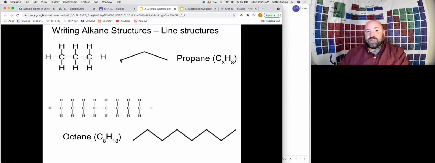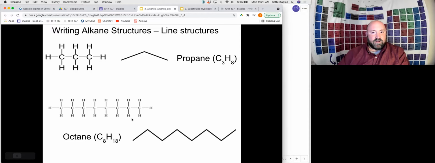And it's understood that there would have to be 3 hydrogens coming off that carbon atom in order to form its octet. Here at this vertex, here's a carbon atom. And again, understood that there must be 2 hydrogens coming off that for it to have its octet. And then down to this point, another carbon atom, and it must be a CH3 for its octet. So we have 1, 2, 3 carbons.